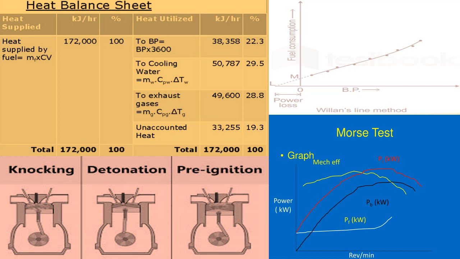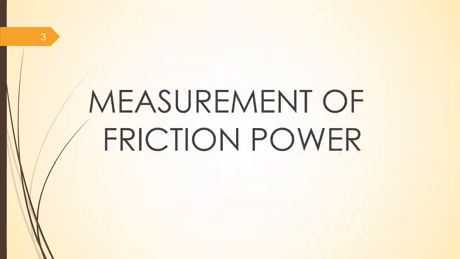So today we are going to discuss the theory related to the heat balance sheet. We are going to discuss different methods to measure the friction power, which include the Morse test, Williams line method, etc. Now we have to discuss the measurement of friction power.